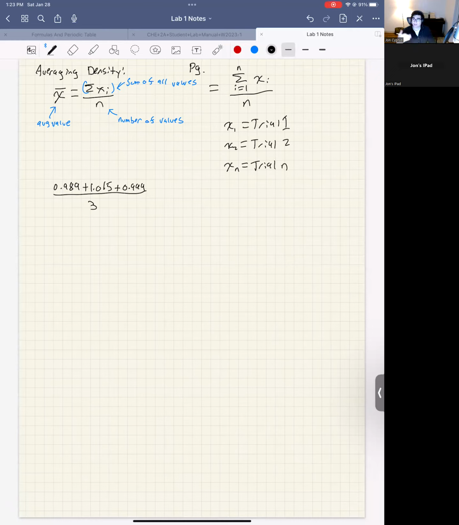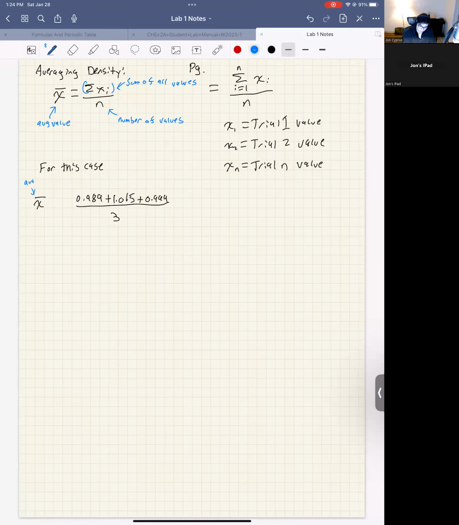So you're adding up all the different trials with their respective values, and then just dividing it by the number of trials you have for averaging. So in my case, the average density is equal to that. I'm taking my density values, adding them up, and then doing that.